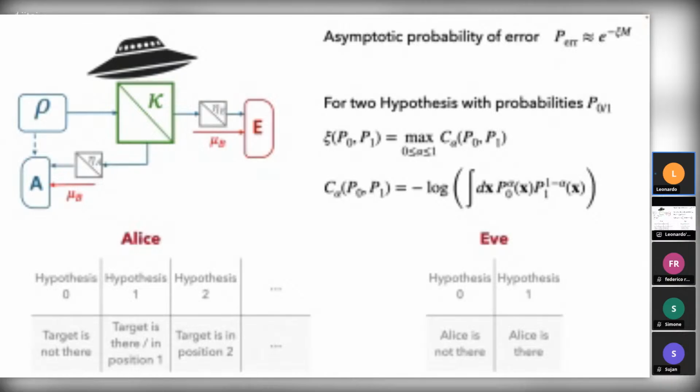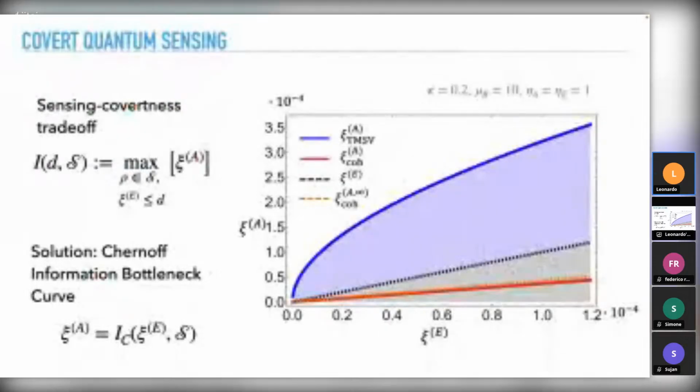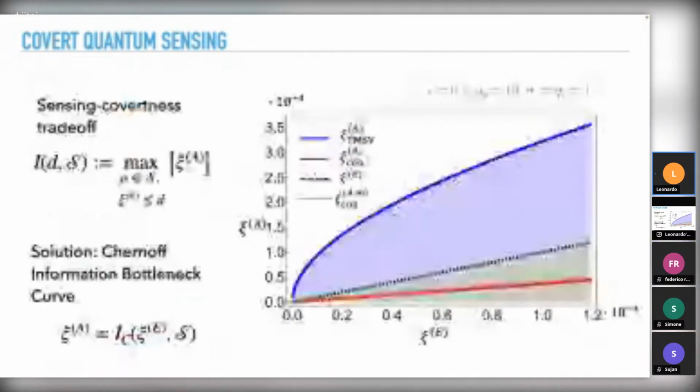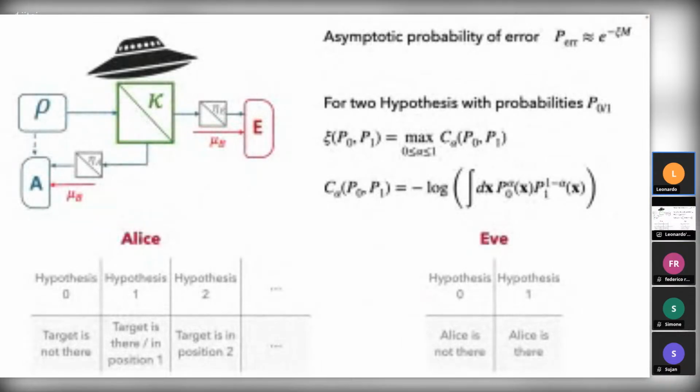So we have these two hypothesis tests. The task is that we want to make Alice succeed, and we want to make Eve, maybe the alien, fail. Can we do that all together? That's also why we introduced this notion of sensing-covertness trade-off. We want to make the probability of error on Alice's side pretty low. So we want to maximize the Chernoff information on Alice's side, because if we have a large Chernoff information, it means that even with a small M we can make this error pretty small.